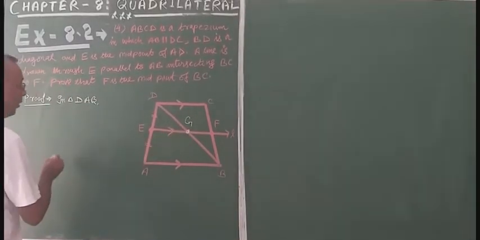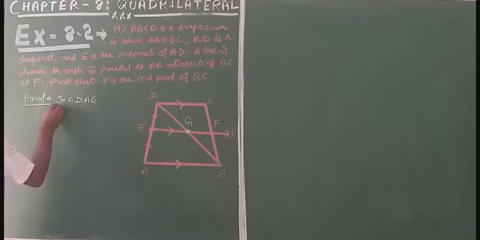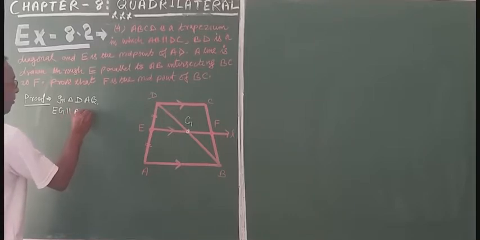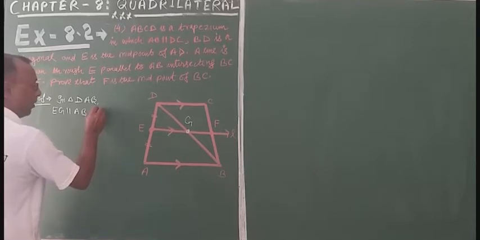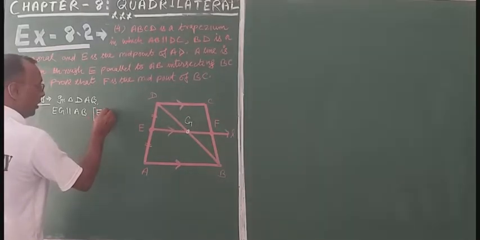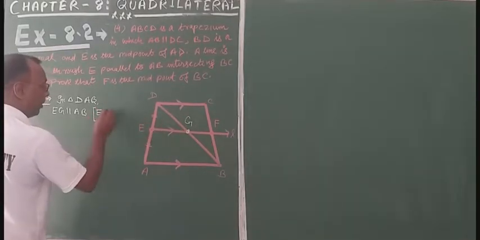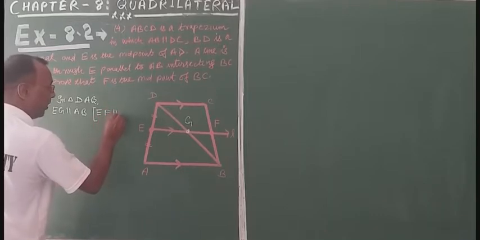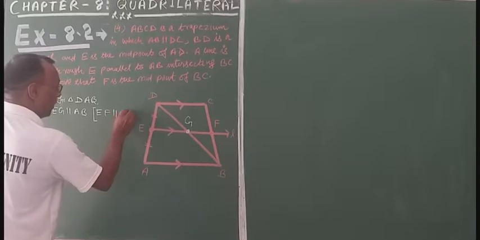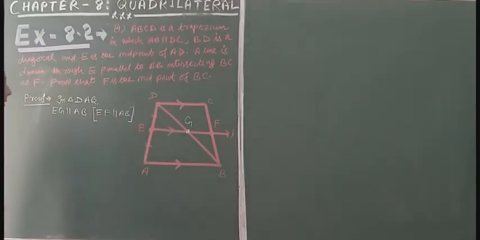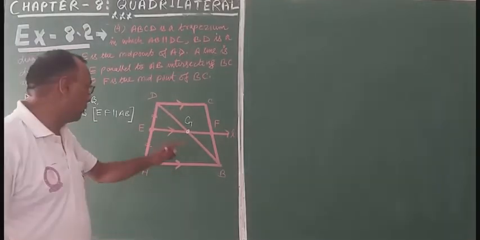EG is parallel to AB, because EG is a part of line L. Or you can say EF is parallel to AB, or line L is parallel to AB.